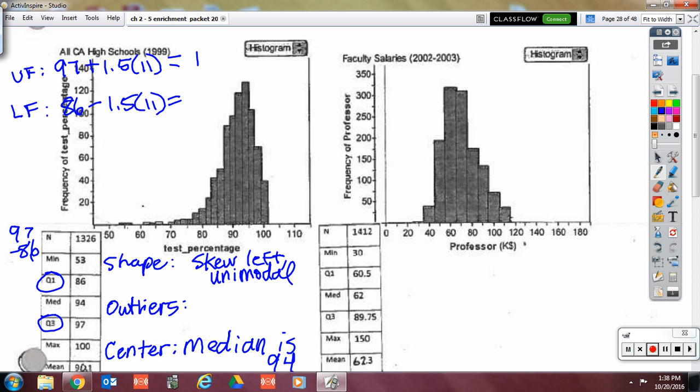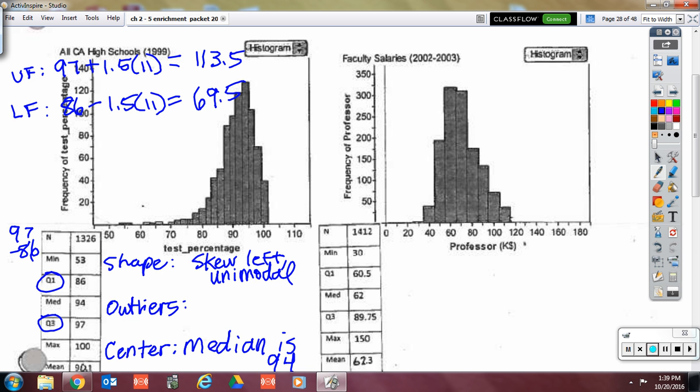Wait, what's the upper one? Oh, for that, you add that to 97. Who's got that for me? 113.5, okay. And then what's my lower fence? I think it's like 70-ish or something. 69.5. Okay, 69.5.